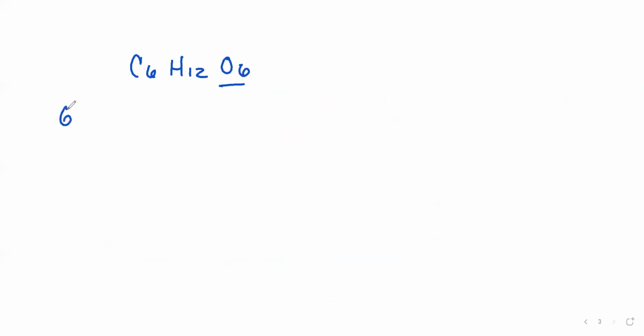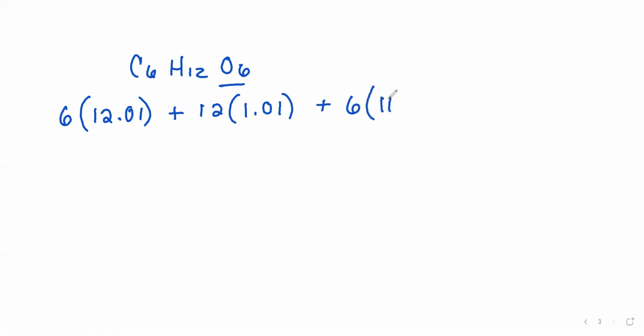So we're going to do 6 times carbon's mass, which is 12.01, plus 12 times hydrogen's mass, which is 1.01, plus 6 times oxygen's mass, which is 16.00. And we're going to plug all that in the calculator, and we're going to get 180.18, and that's going to be grams per mole.